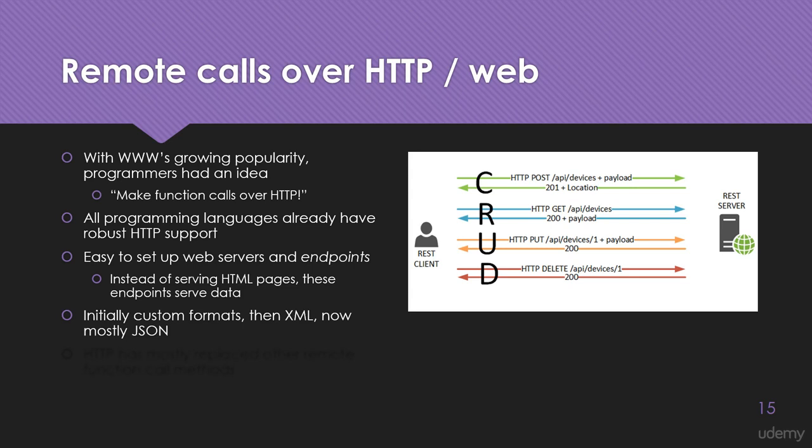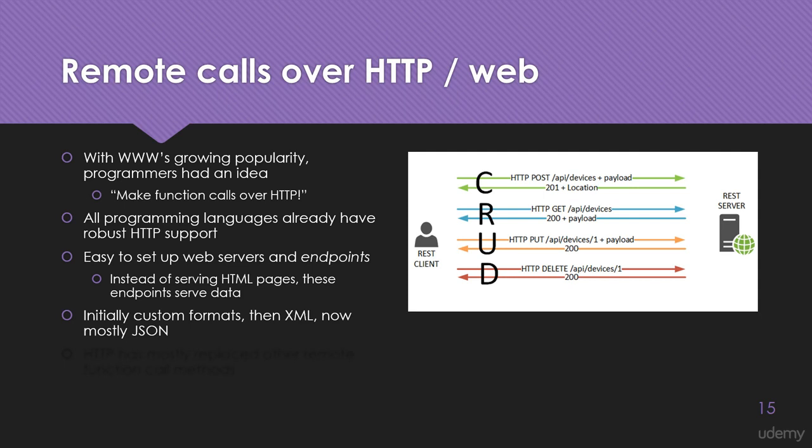Initially the formats were in XML, which is extensible markup language, kind of a superset of HTML, but now mostly another format called JavaScript Object Notation, JSON, which is kind of JavaScript-based. It's not really a language, but an object notation.